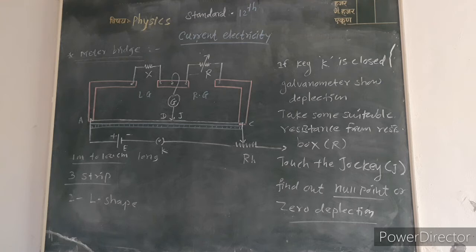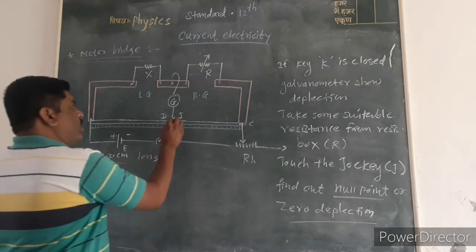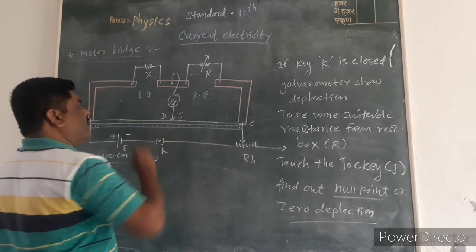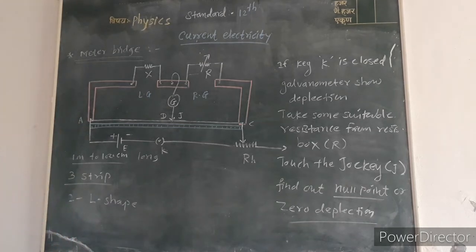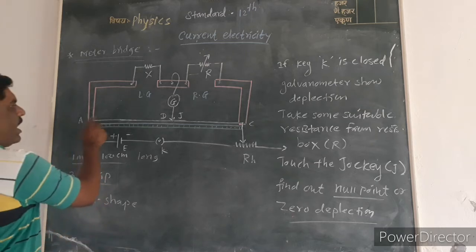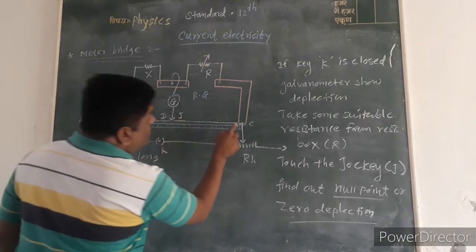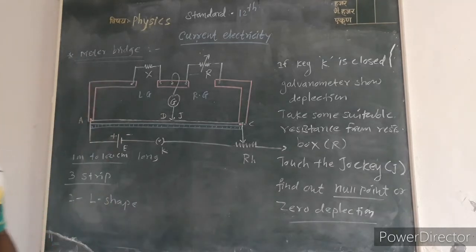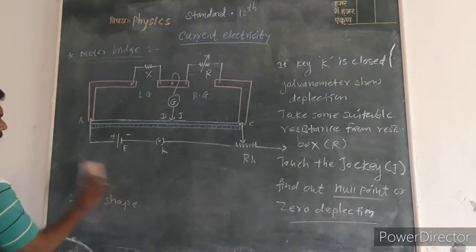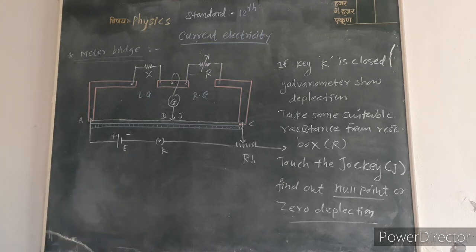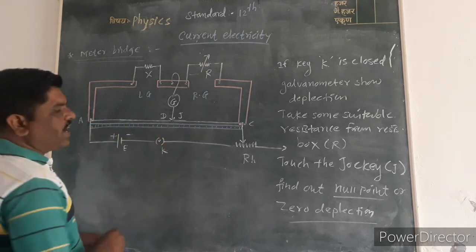If we assume that when the jockey touches at point D the galvanometer shows zero deflection, then we measure distance AD and distance DC using the meter scale.